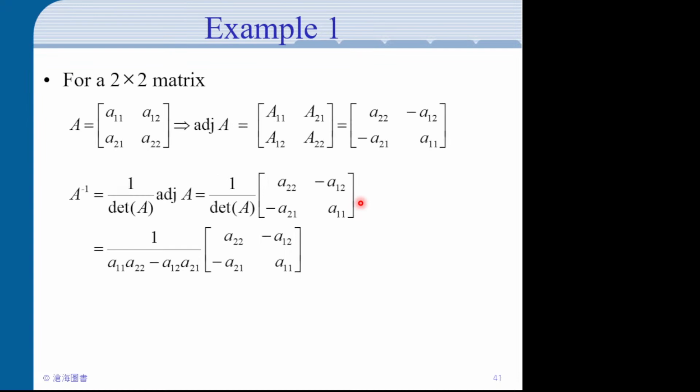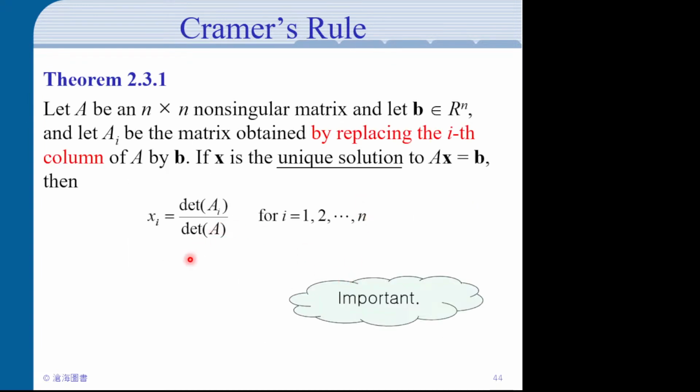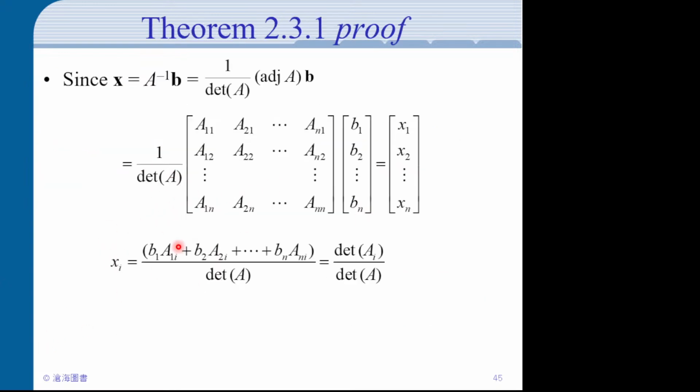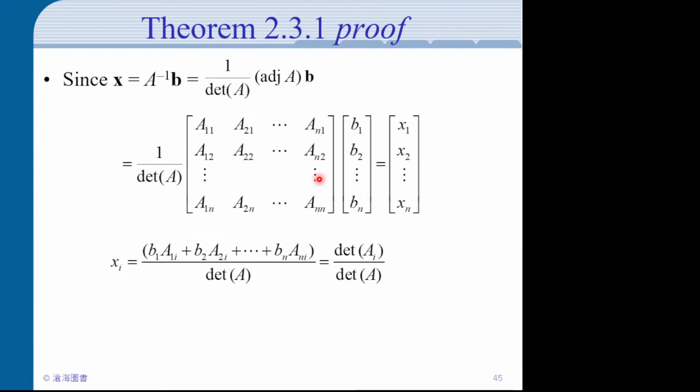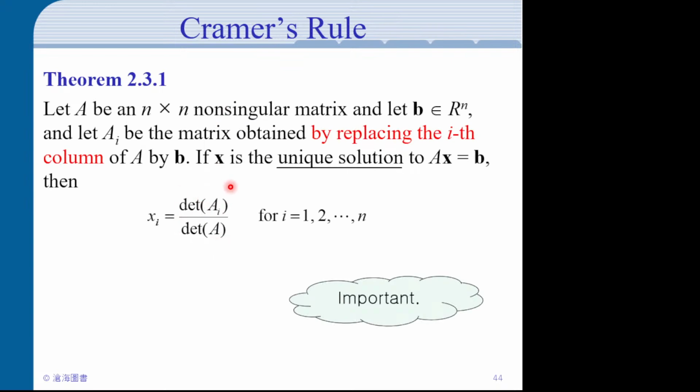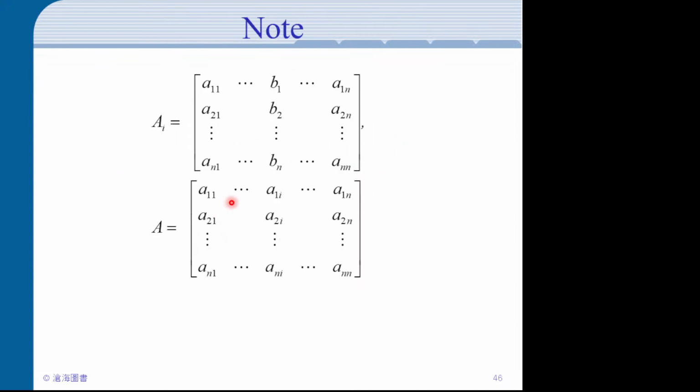So that's for A inverse, and also there's a formula for solving Ax equal to b by calculating determinants. You want to calculate the determinant of A_i. So xi will be determinant A_i divided by determinant A, where A_i is obtained by replacing the ith column of A with all those b.